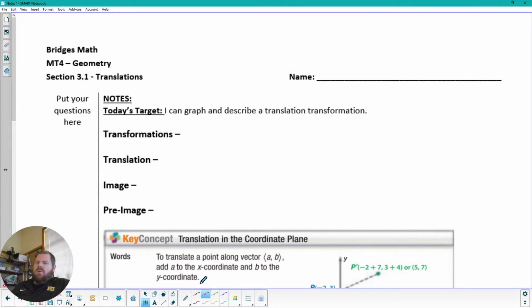Today we're going to start looking at transformations. We're going to look at the most basic of them, which is a translation. It's tough to keep those two separate because they sound pretty close to the same. But transformations, as a combined idea, is an adjustment of an object.